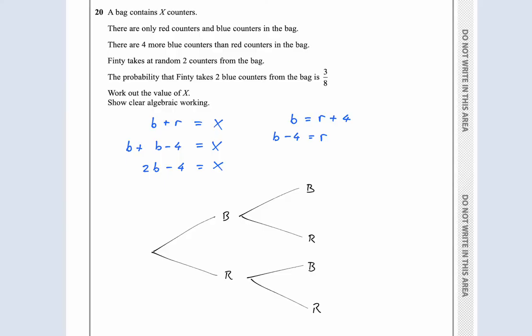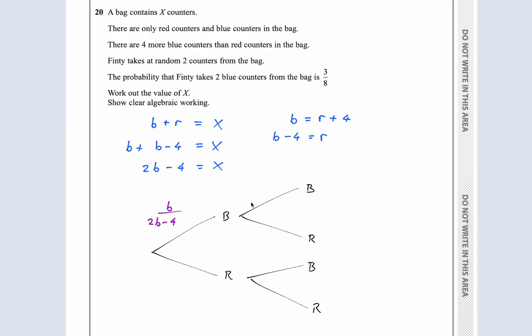Okay, now on this branch, what's the probability he takes a blue? Well, there's B blue in the bag, because that's what we said B is, and there's 2B minus 4 in total in the bag. So it's B out of the total.